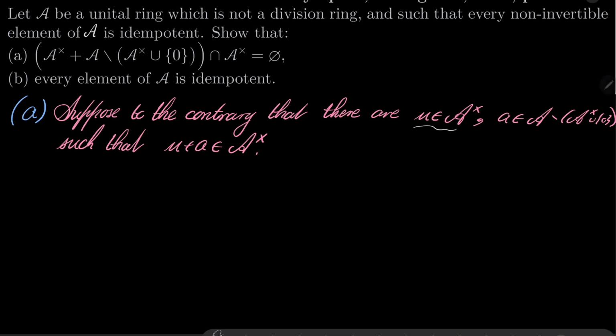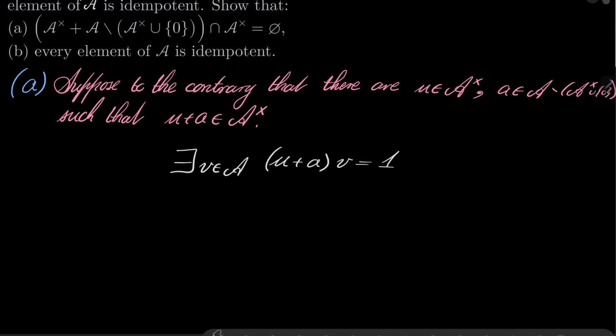Well, since u plus a is invertible, there is some element v such that u plus a times v equals 1. This means that av equals 1 minus uv. Alright, but now let's take a look.